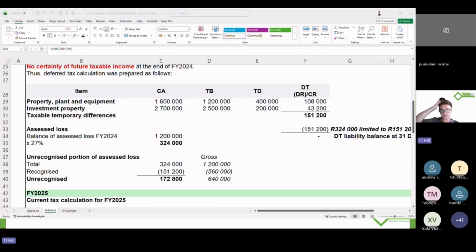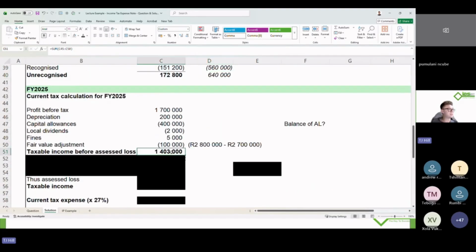I just want to see where you guys are at with this one. I won't know who said what. So what is the balance of the assessed loss that I'm going to consider to deduct here?